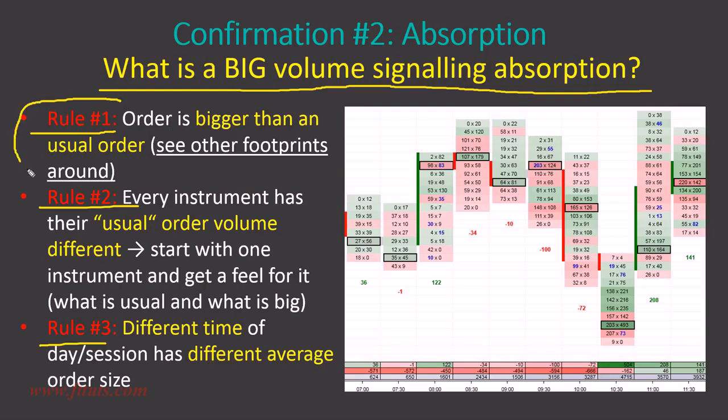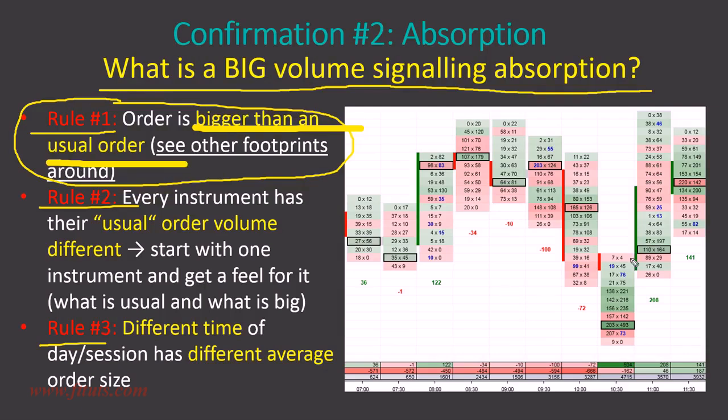Rule number 1, the most important rule: the order which you are looking for, the absorption volume node, is bigger than a usual order. If you look at this picture, the price was going downwards, it got absorbed in here, and then went upwards.